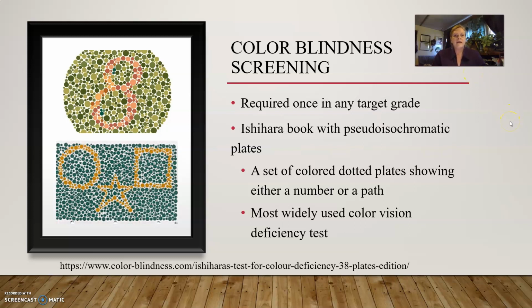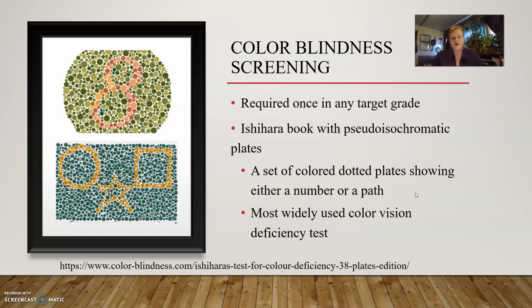Color blindness screening is required only once in any target grade. Most colorblind screenings are done with the Ishihara book with pseudoisochromatic plates. It's a set of colored dots, plates, that have a number or a path that the child must identify or follow. It's the most widely used color vision test.